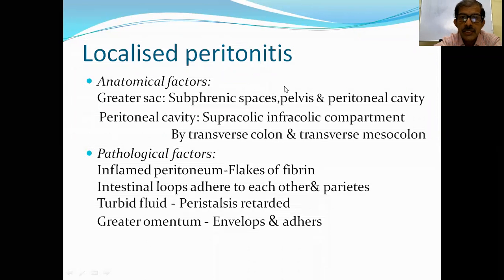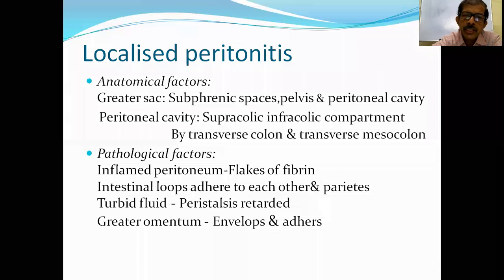So these are the 7 spaces that are described, but for our practical understanding it is 4 spaces. So both right and left anterior and right and left posterior spaces, of which the lesser sac is the one that is described as the left posterior space, right?